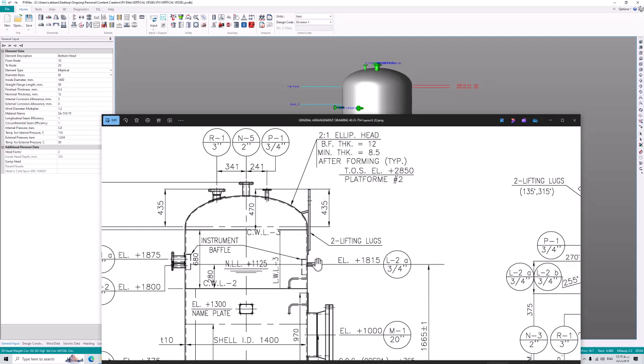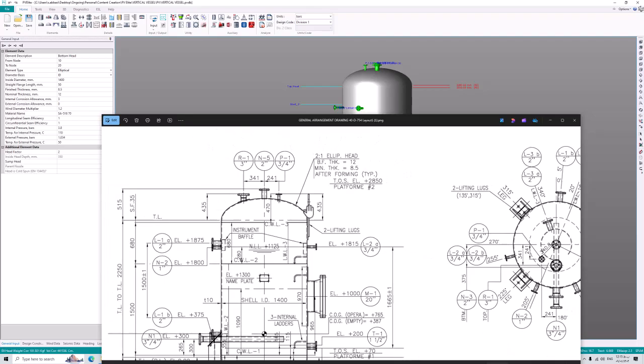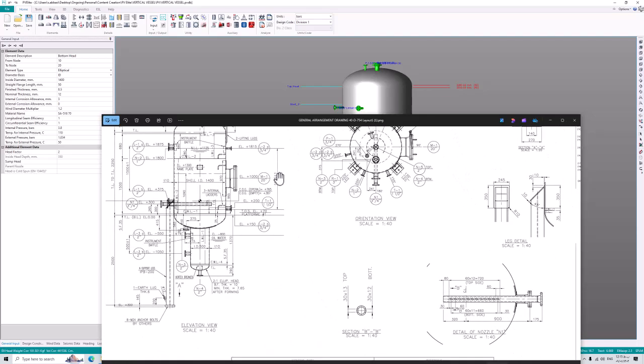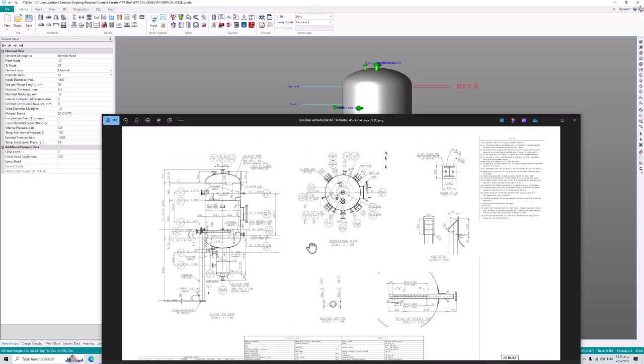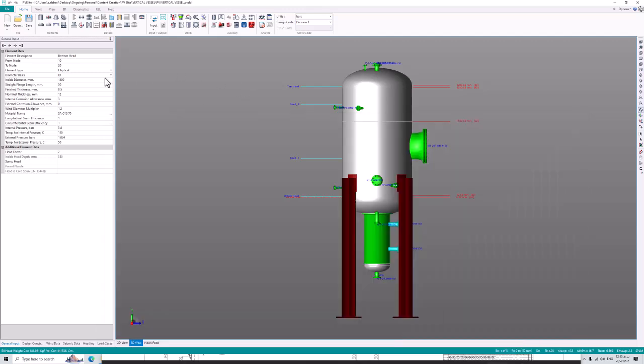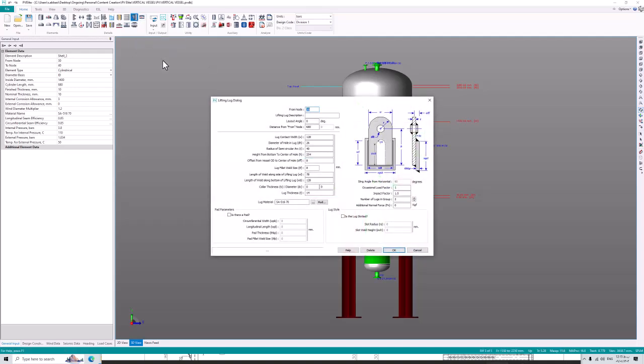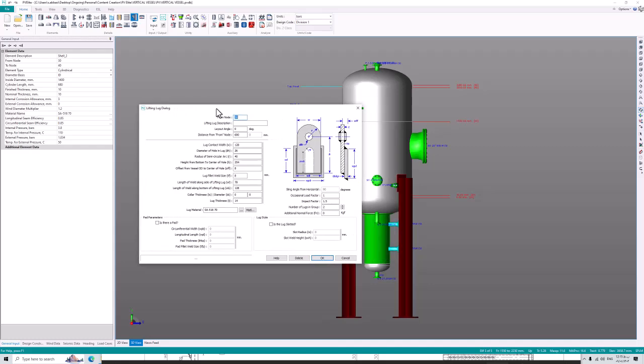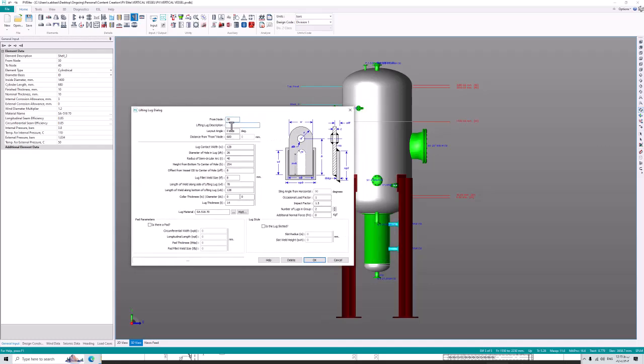Now we will model the lifting lug for this vertical vessel. Select shell 2 and try to put the right information for the lifting lug.